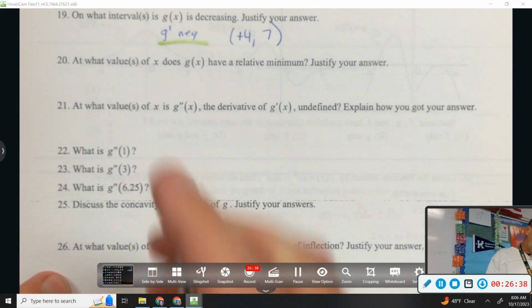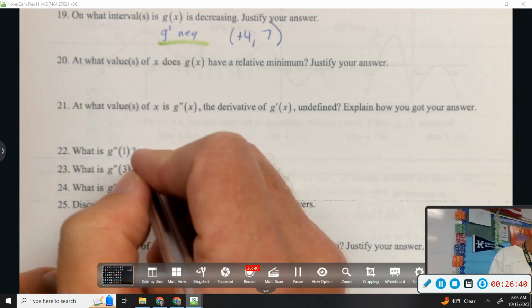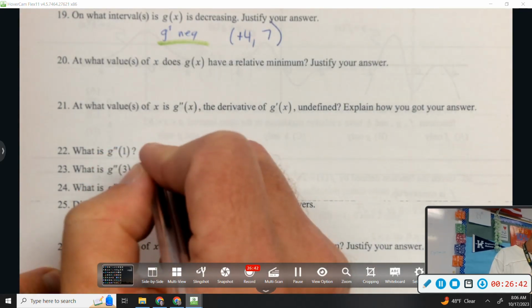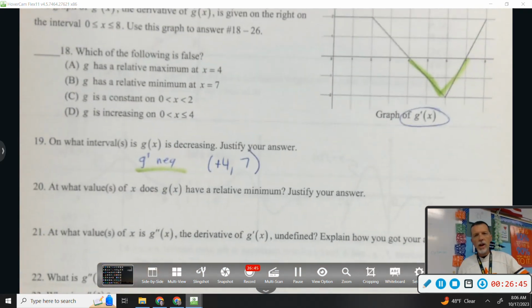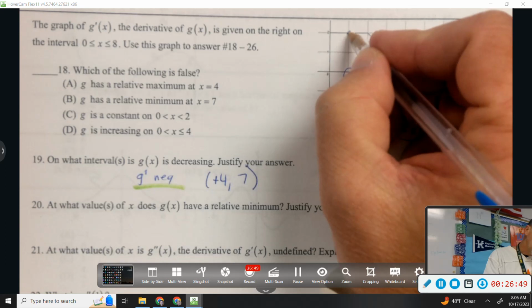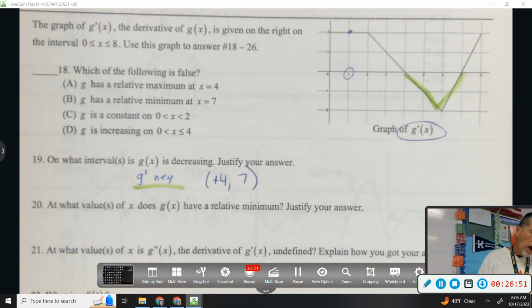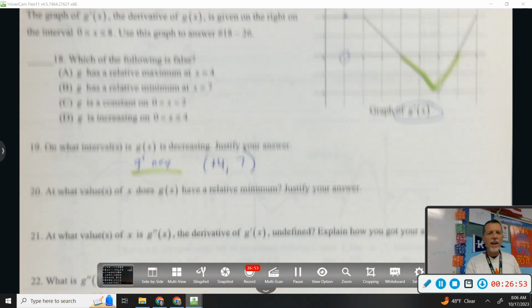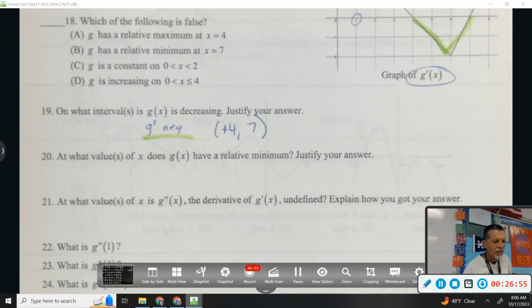Number 22. What is g double prime at 1? So g double prime at 1. Here's 1. G prime at 1 is 2, but that's not what it's asking. How am I going to answer this question? I don't have a graph of g double prime.